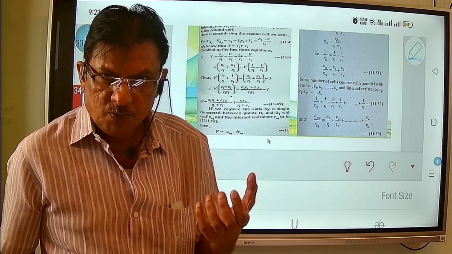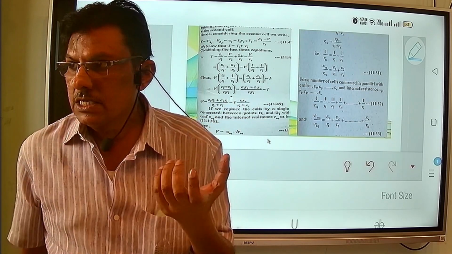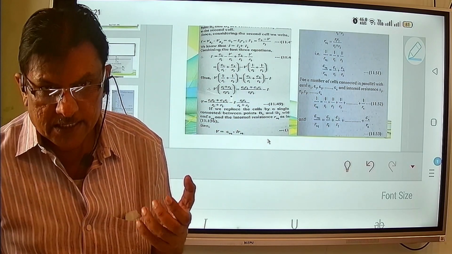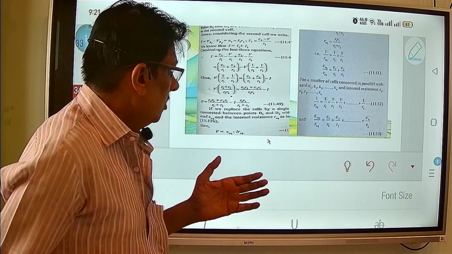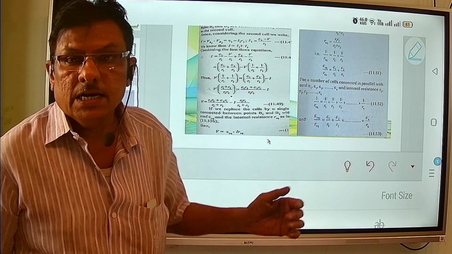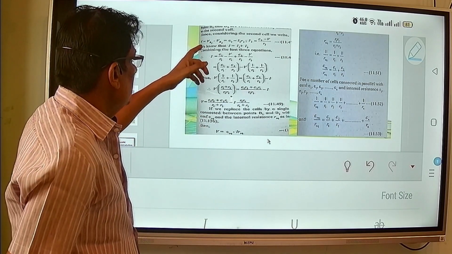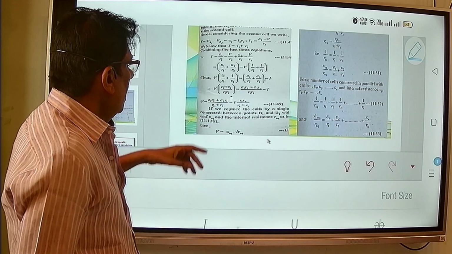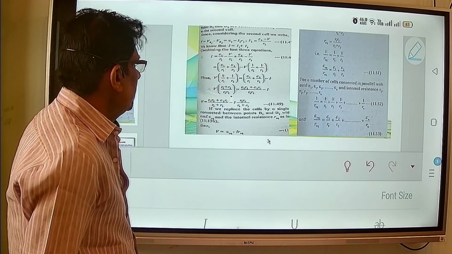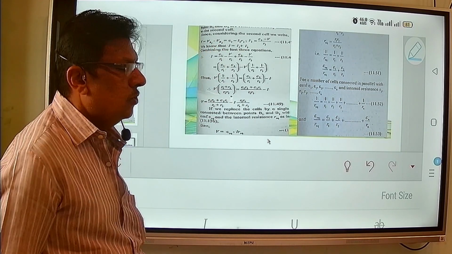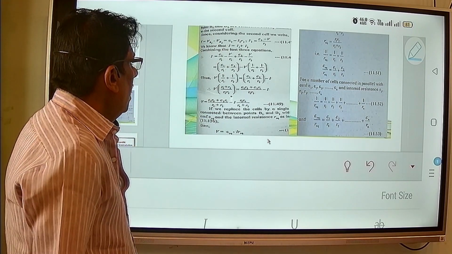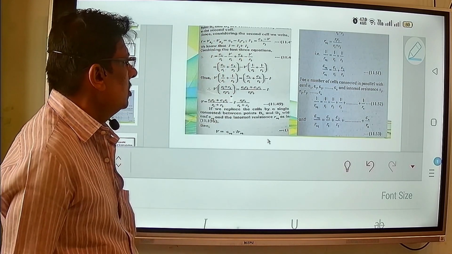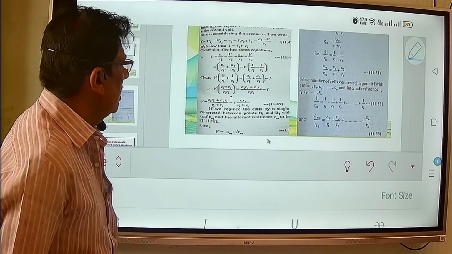This means both have the value V. So for the second cell also, V is equal to V1 minus V2, which we replace by E2 minus I2R2. Rearranging, we get I2 is equal to E2 minus V upon R2.